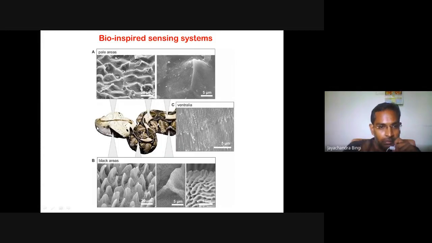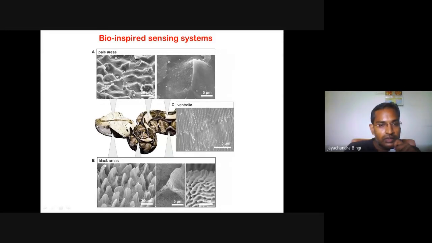Here this eye can see UV, visible, but it can't see red color. Green, blue, UV colors are seen by the normal eye, and infrared is separately detected by the pit organs. Generally we call them pit organs. You can see the dots here, and you can see the design of these pit organs.